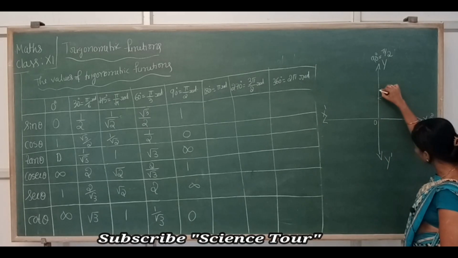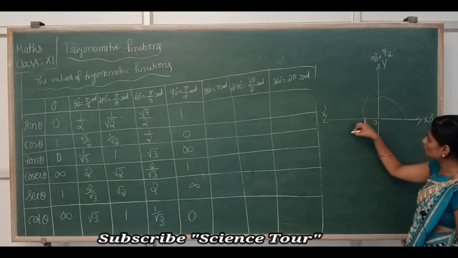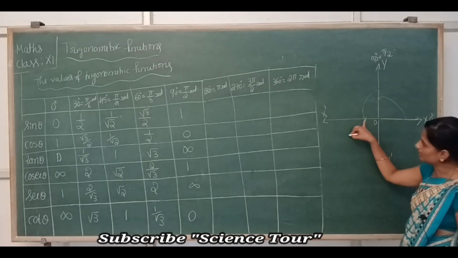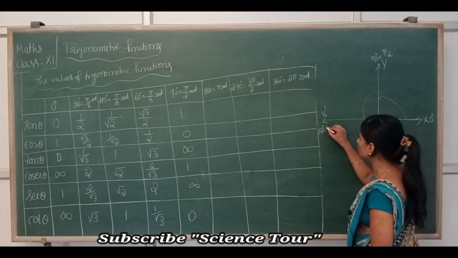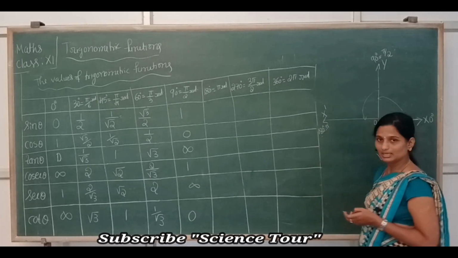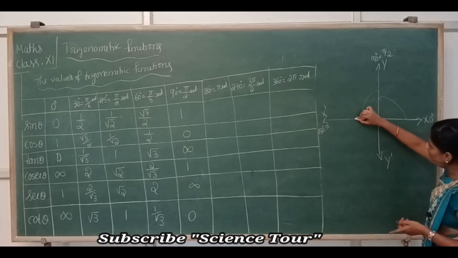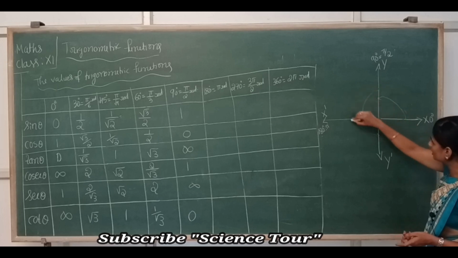Now if I move again to here, the total angle is 180 degree, which is equal to pi radian. If I move further, what is the total angle from the beginning?